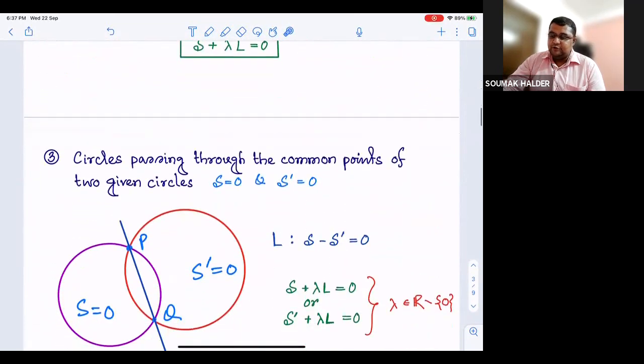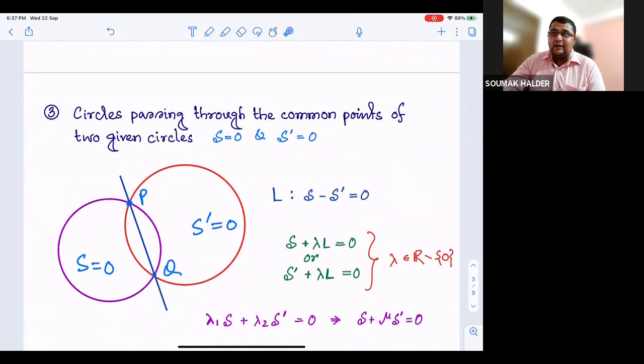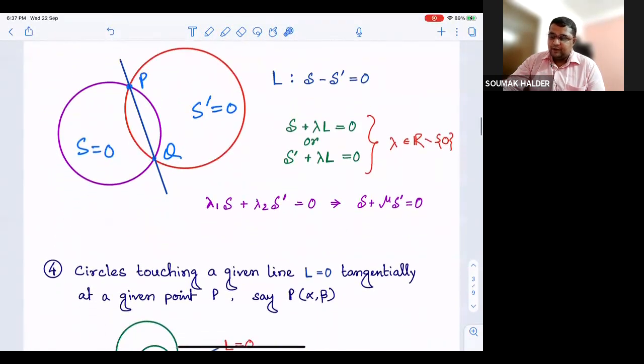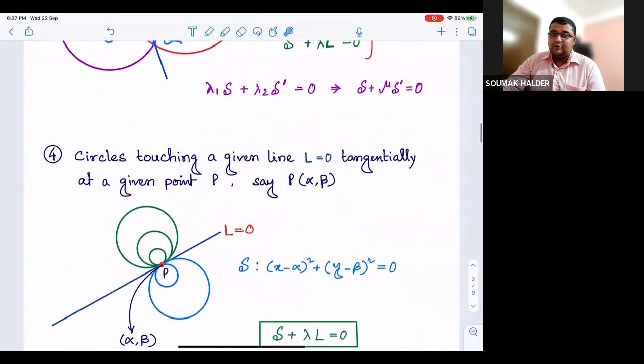In the third one also, we have described it by the radical axis itself. And the fourth one also, over here, any two circles are either externally contacting or internally contacting, and hence the common tangent through the common point may be the only possible common tangent in case of internal contacting, or it might be the common tangent through the common point for externally contacting pairs. But in any way, the radical axis remains the same.